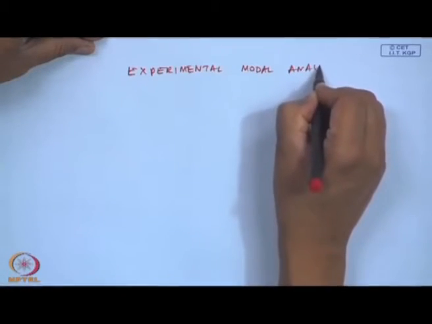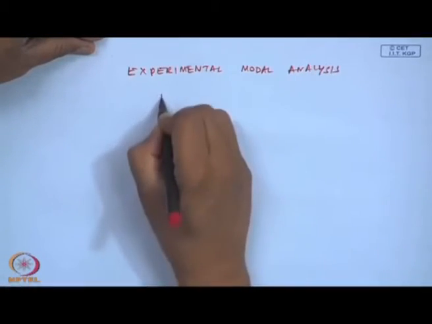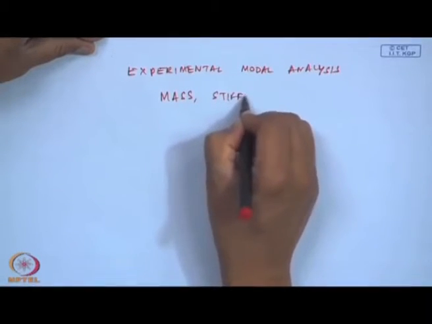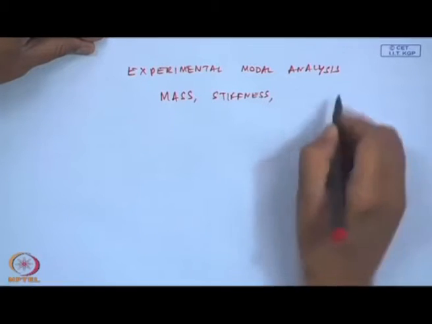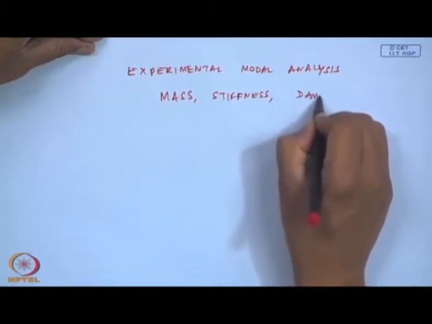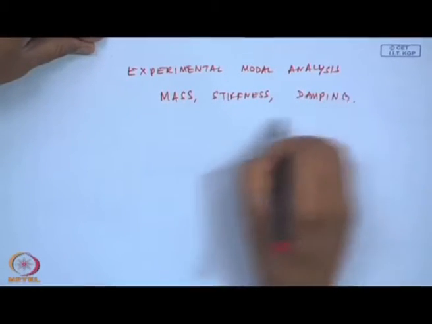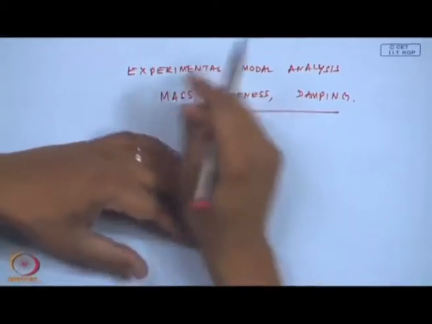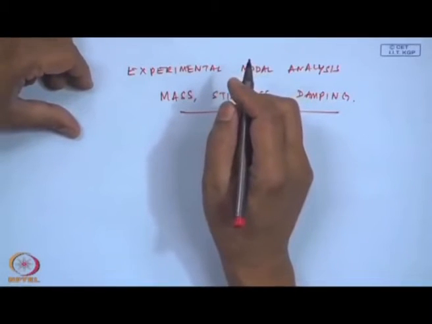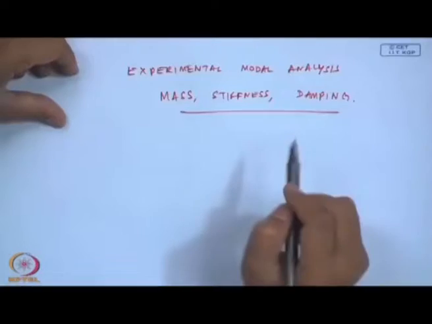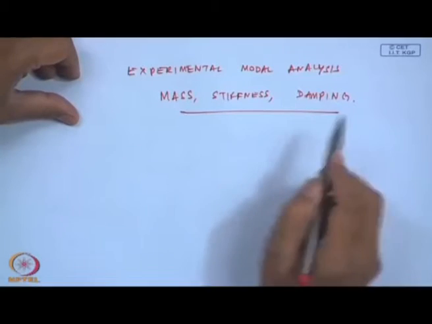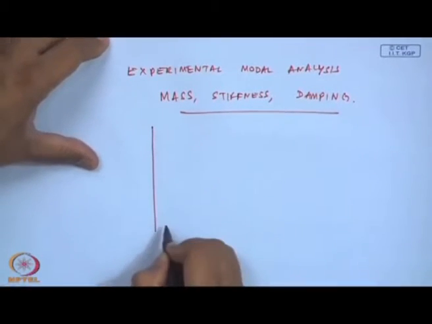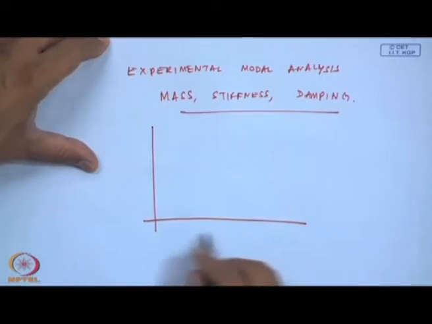But just by knowing the mass, stiffness, and usually some guess on the damping, we can estimate the natural frequency, because vibration is such a phenomenon which is dependent on these three parameters, and we cannot neglect it. And the phenomenon of vibration is actually very much frequency dependent.